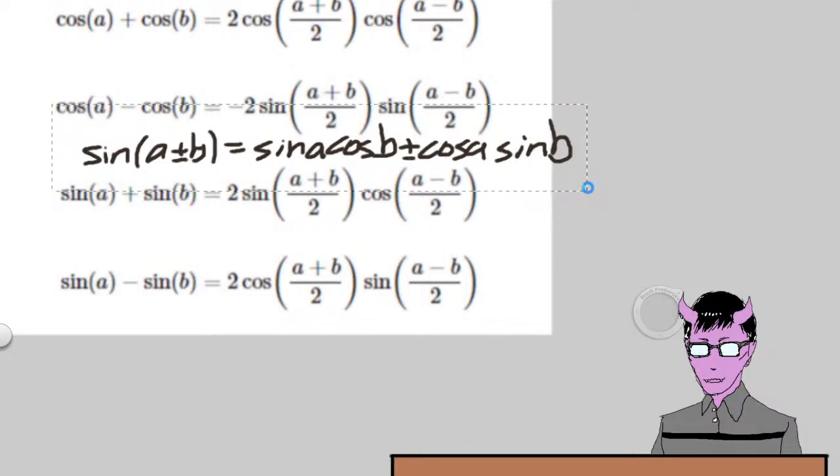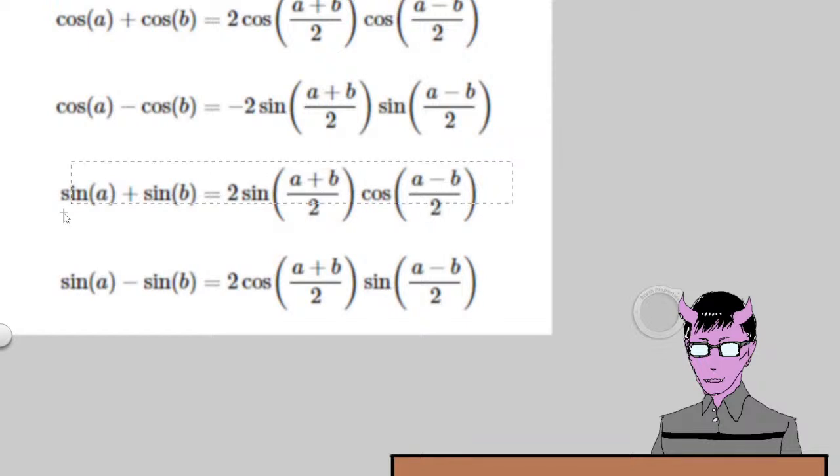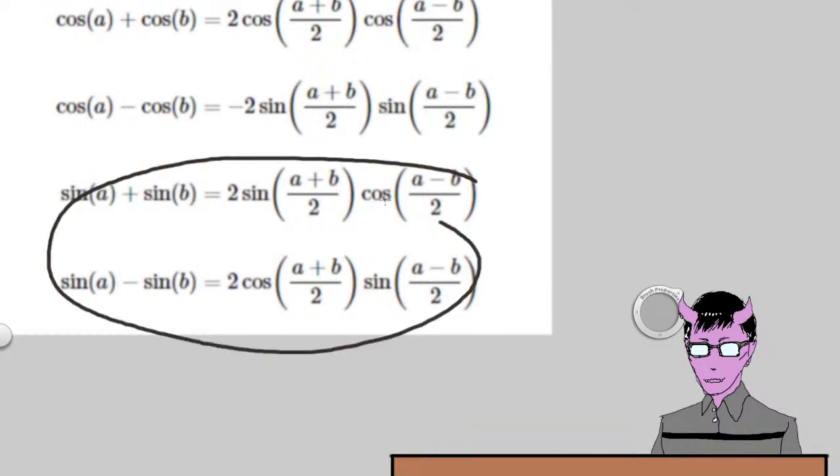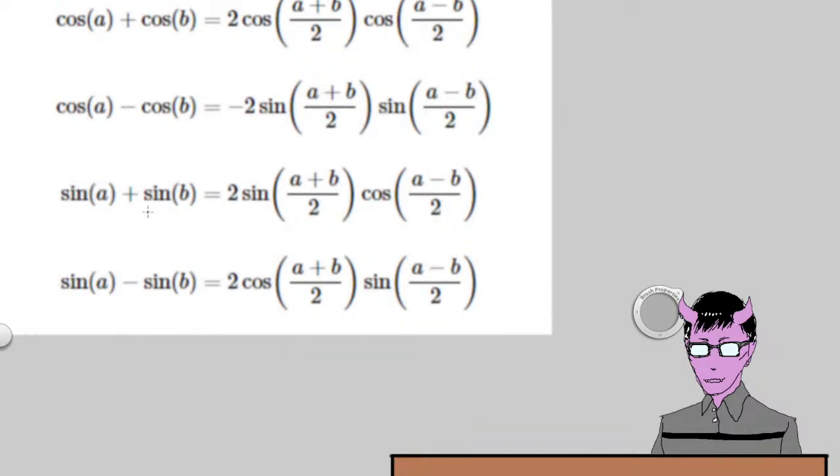Because this rule right here is derived from the cosine version of that one, for the most part, we can just rearrange these situations. So again, it's a little less to memorize. If this is plus, then that is plus, and that would be minus.